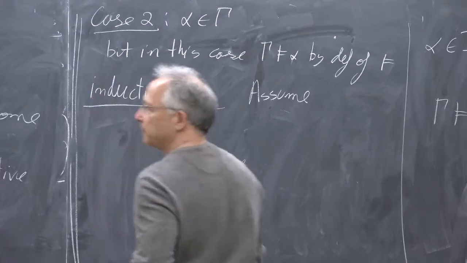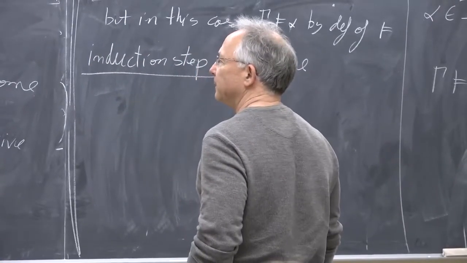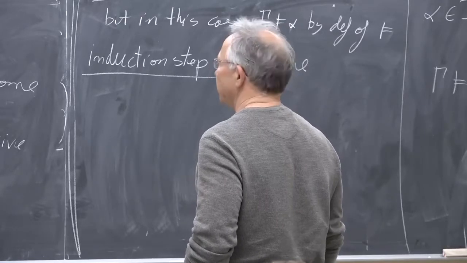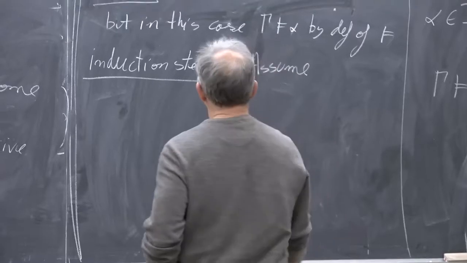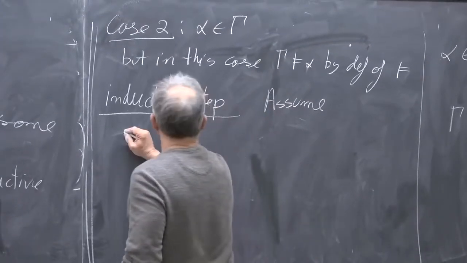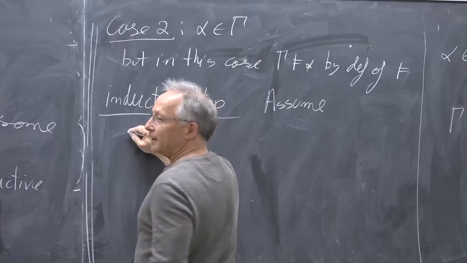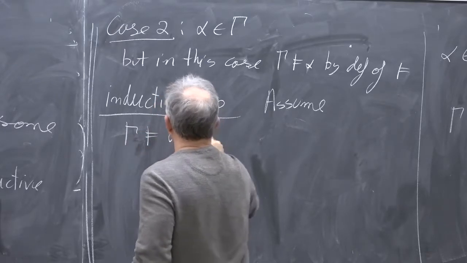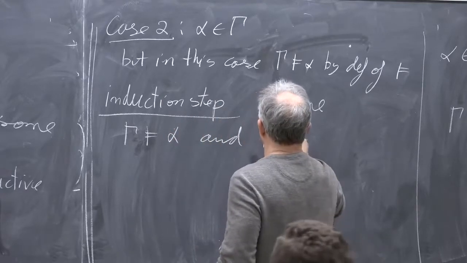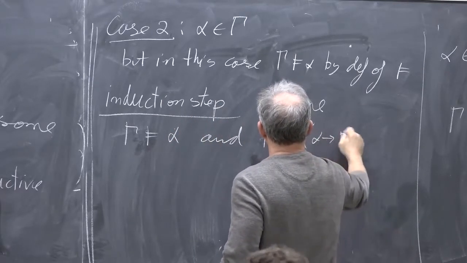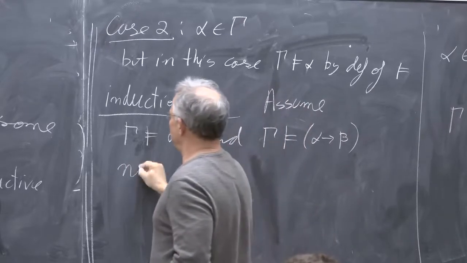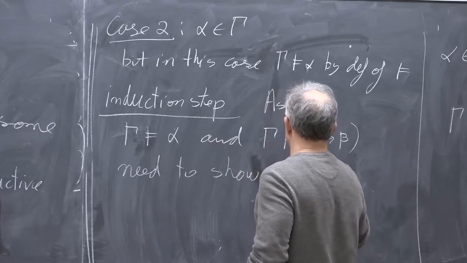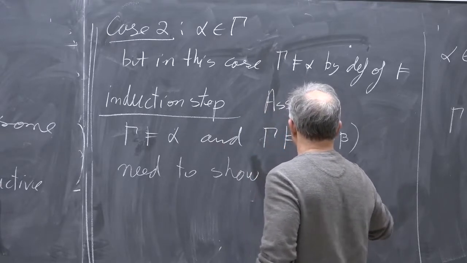Something here is bothering me. Okay, so this is very easy. It's just too easy, but why worry about things being too easy? Assume gamma logically implies alpha and gamma logically implies alpha arrow beta, and we need to show gamma logically implies beta.